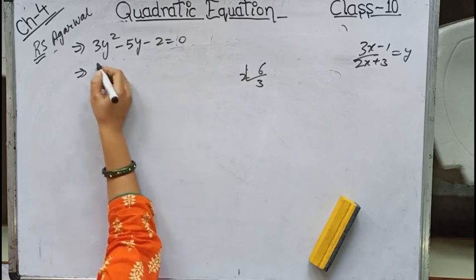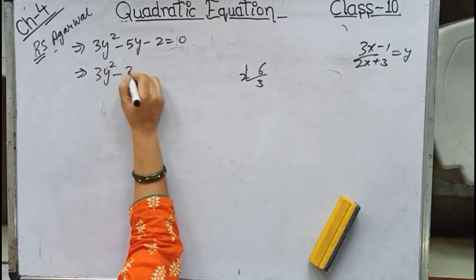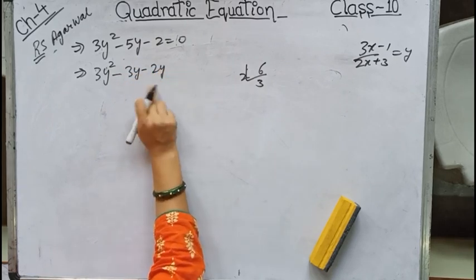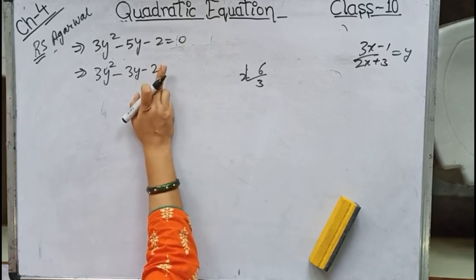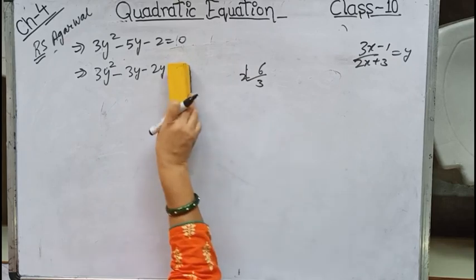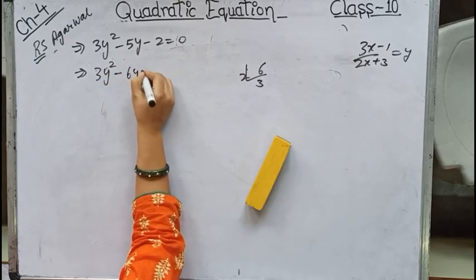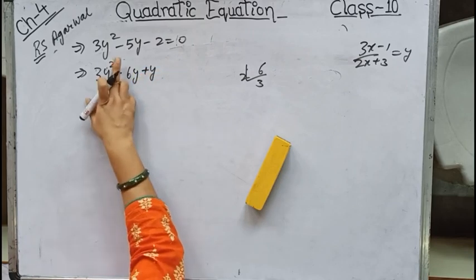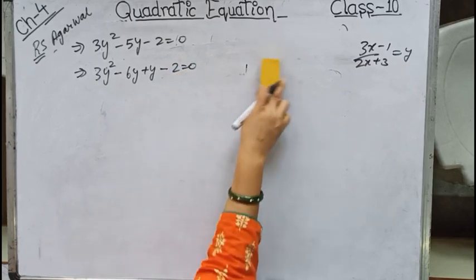If I write 3y square minus 3y minus 2y, the sum will be minus 5, but their product will be plus 6, and I need the product as minus 6. So better let us take the factors as 6 and 1: minus 6y plus y. Their product is minus 6 and their sum is minus 5.